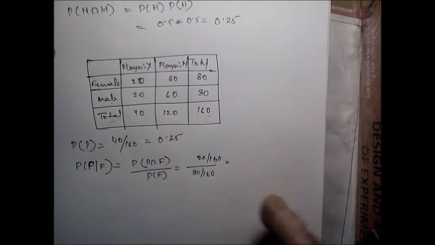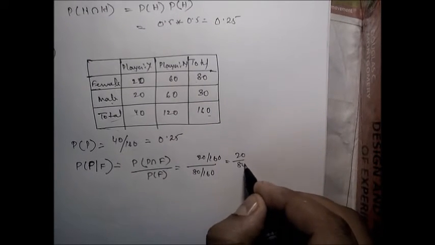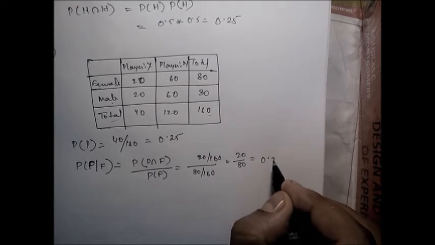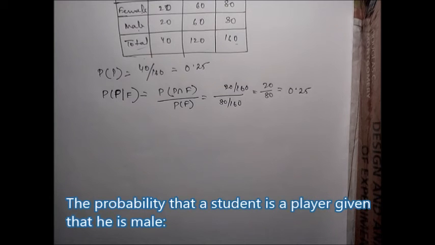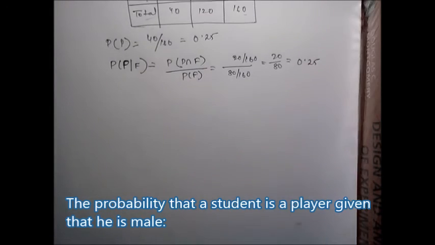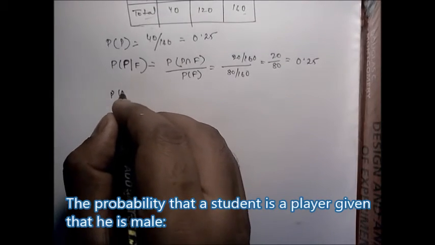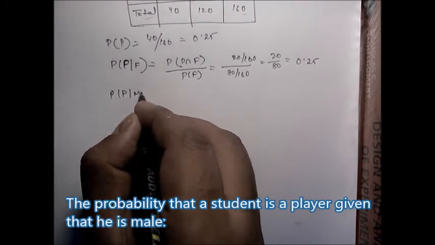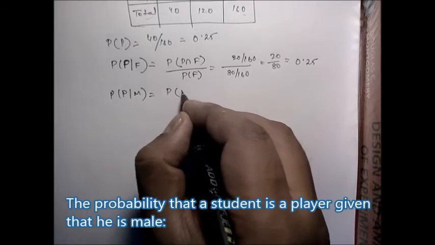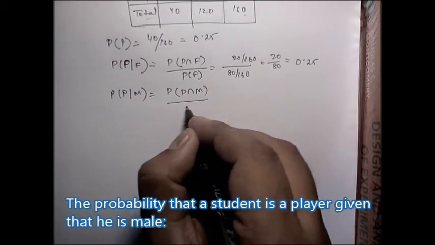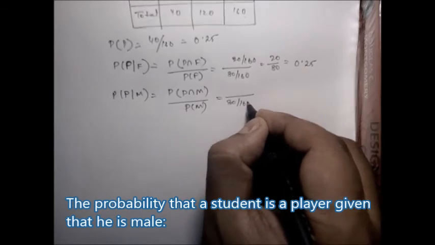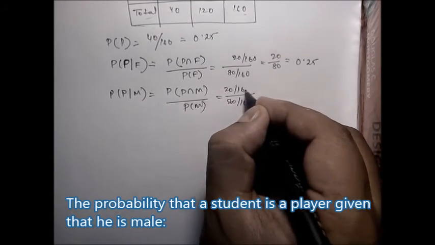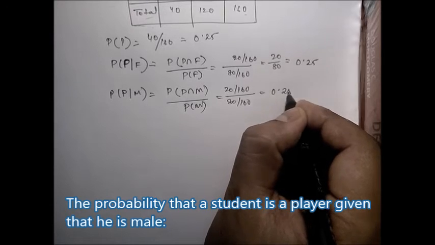That is 20 by 80, which is equal to 0.25. And third, a student is a player given that he is male. So probability of player intersection male divided by probability of male. That is 20 by 160 divided by 80 by 160, and the answer is 0.25.